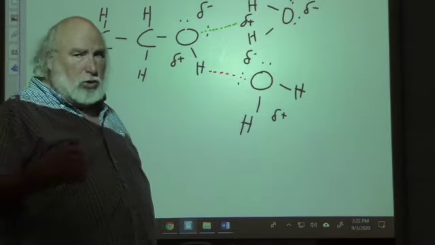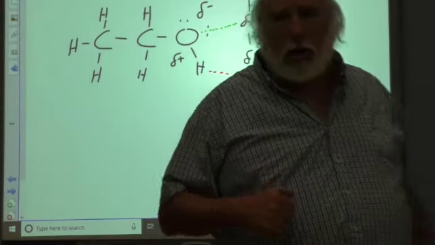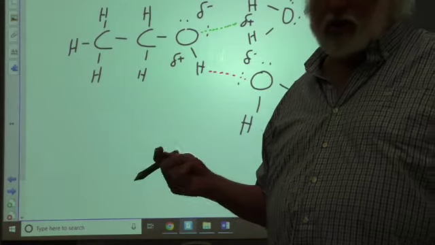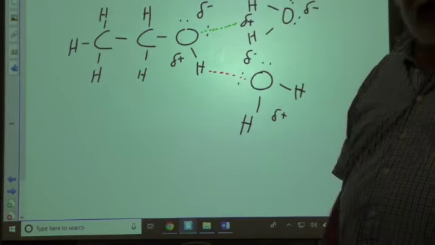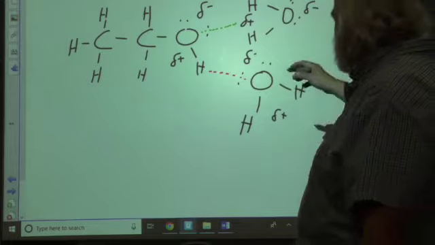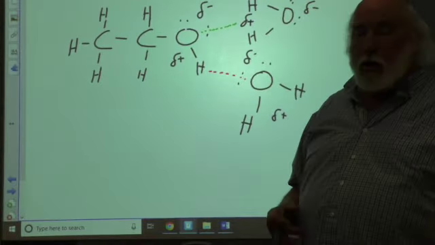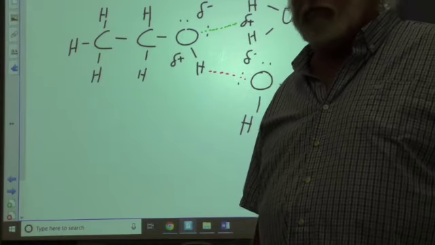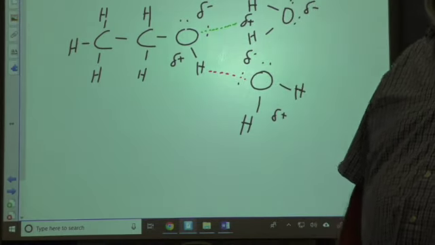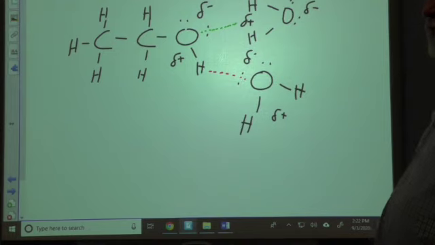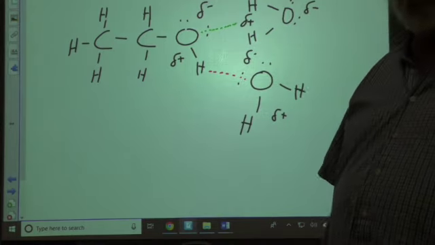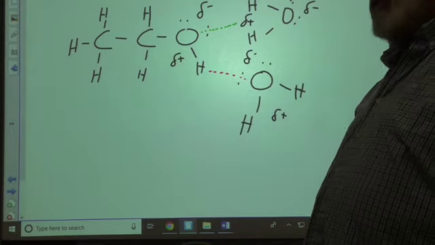In fact, it is virtually impossible, unless you have a really amazing lab, which does exist in the country, to get these two separate. Once you get water and ethanol together, you can't get it more than 95% pure. In fact, there's something called proof for selling alcohol, and proof is double the percentage.